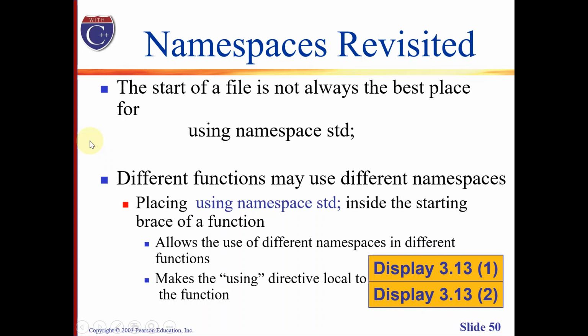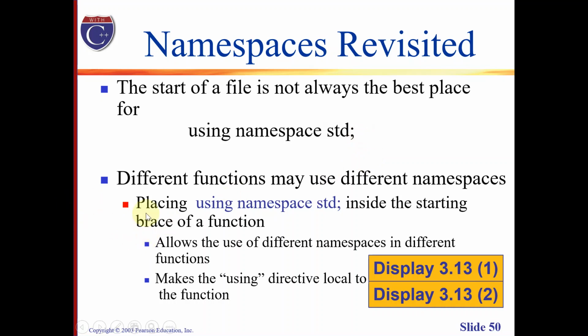Talking about namespaces, it is worth noting that the start of a file is not always the best place for this particular statement. For example, we've seen this a lot in our programs that we have shown a while ago. The statement which says using namespace std.